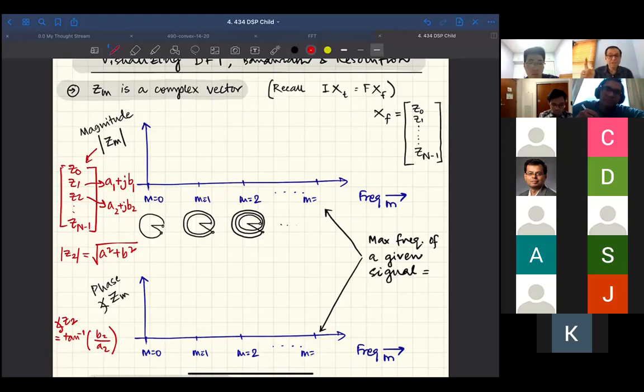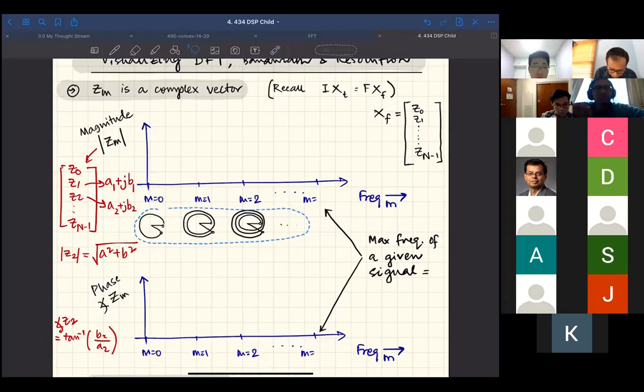Great. Now when you envisioned the time domain signal, your x-axis was time, right? Now your x-axis is frequency. And in your frequency axis, you have m equals 0. That means the stick is not moving. M equals 1. Actually, I got something wrong over here. What did I get wrong, guys? The spinning sticks, I got wrong.